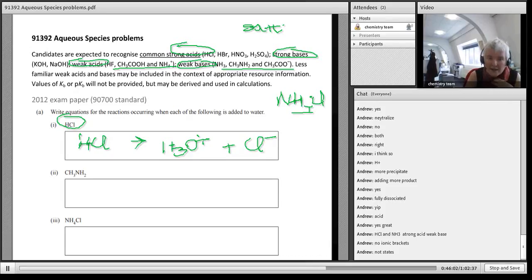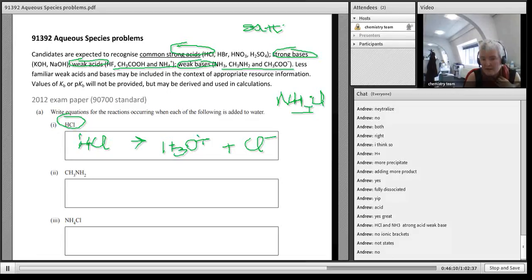Okay, and the other thing is, is it balanced? No. So make sure, and that's why they said when it's added to water, and they've said for the reactions. So what I should have done is, I'm going to try and write a bit better.